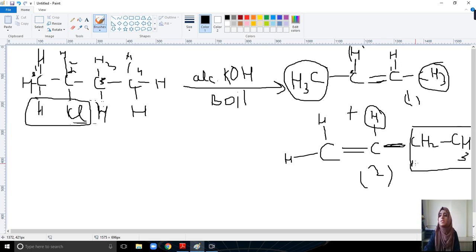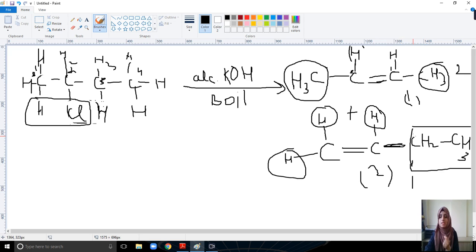Only one alkyl group is attached to the doubly bonded carbon. In this case 2 alkyl groups, in this case 1 alkyl group. At this carbon there is no alkyl group; both positions are fulfilled by hydrogen atoms. So in the second one only 1 alkyl group is present, and in the first product there are 2 alkyl groups.